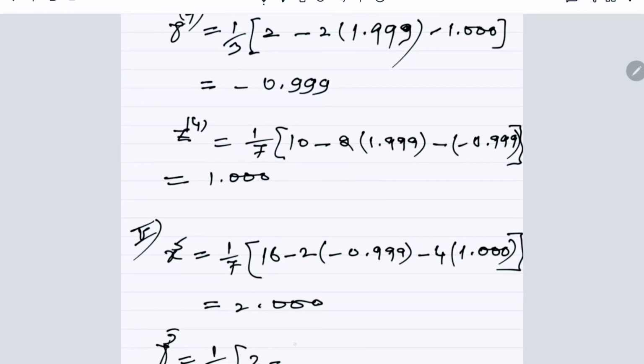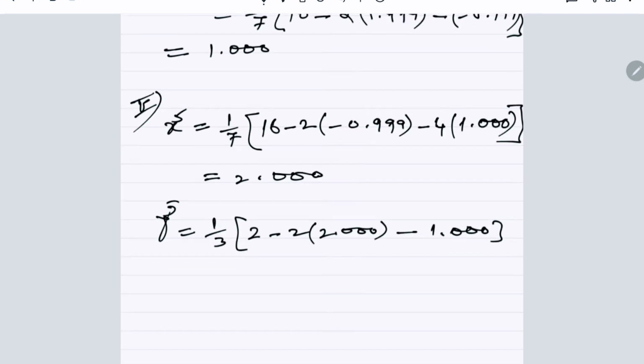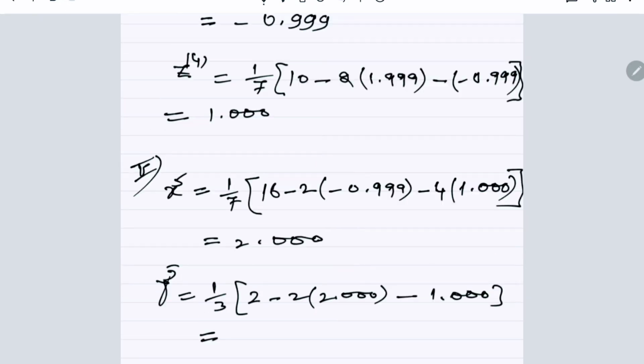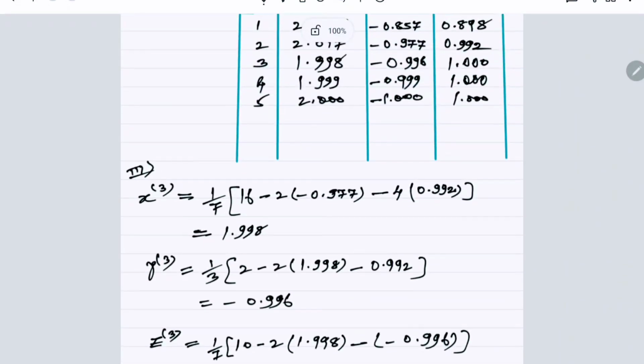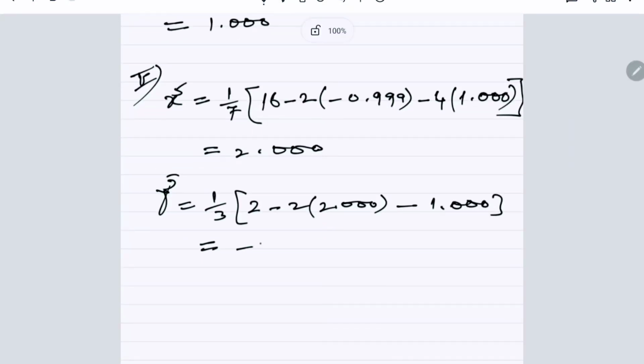We get that value as 2.00. Then y5 as 1 by 3 times (2 minus 2 times x, x is 2, and minus z, z is 1), and by calculator we get that value as minus 1.00.